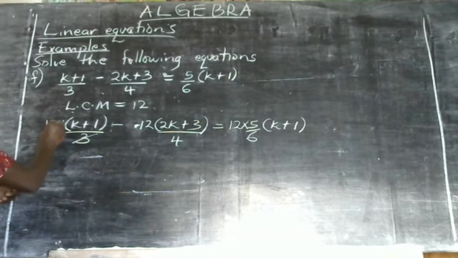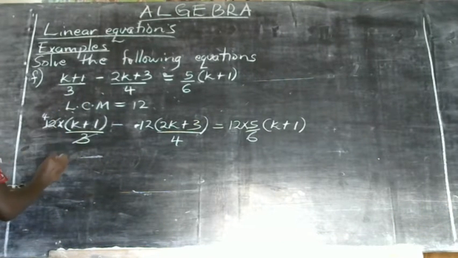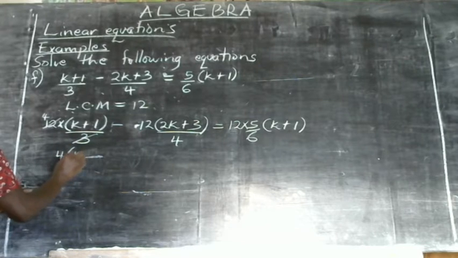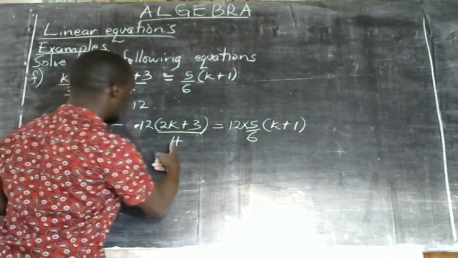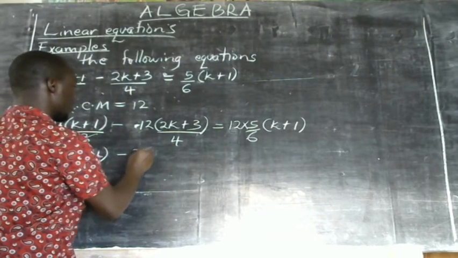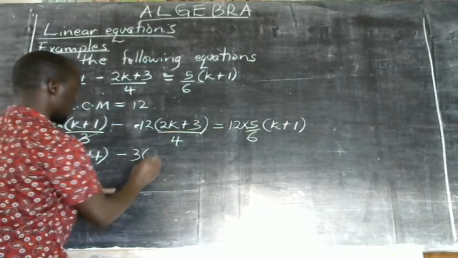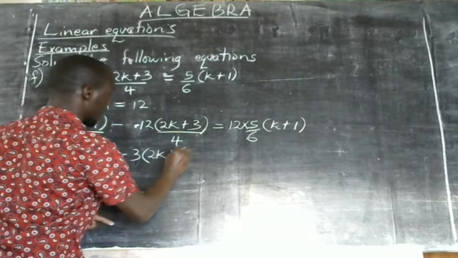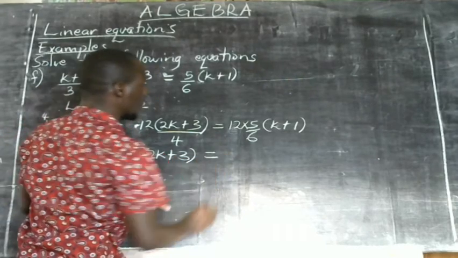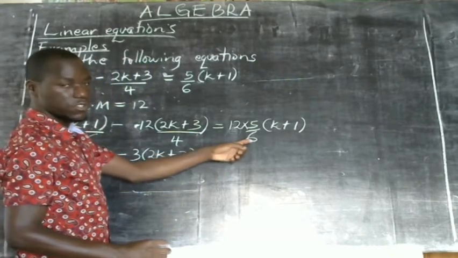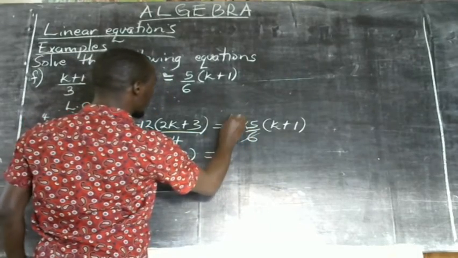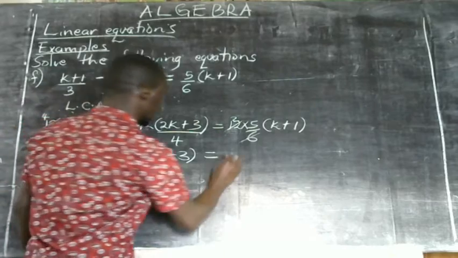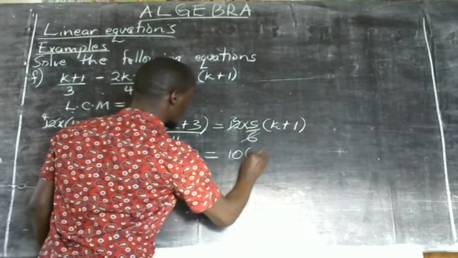The 3 is going to reduce 12 to 4. So that is going to be 4 into k plus 1. Then minus, the 4 is going to reduce 12 to 3. That becomes 3 into 2k plus 3 is equal to, the 6 is going to reduce 12 to 2, and that is going to be 2 times 5, which is 10 into k plus 1.